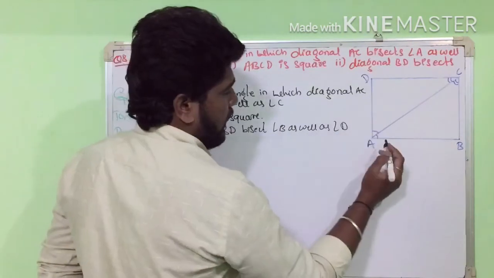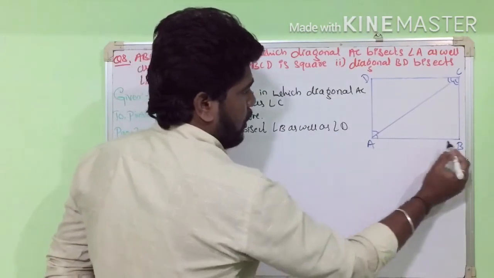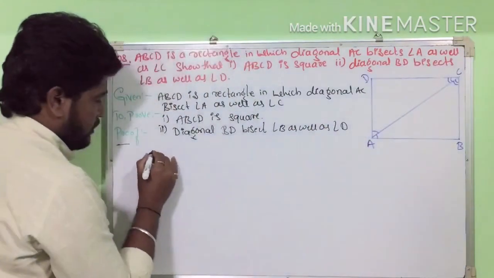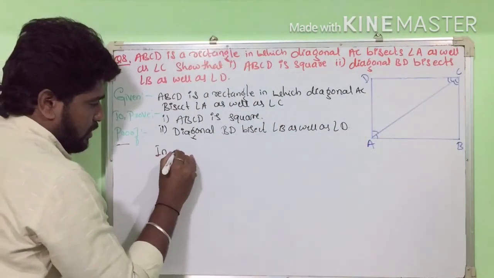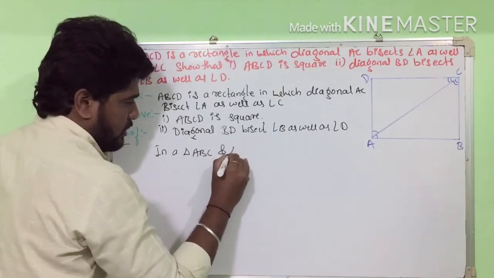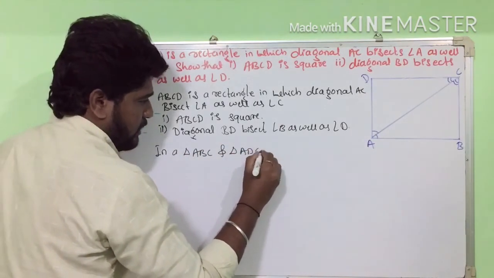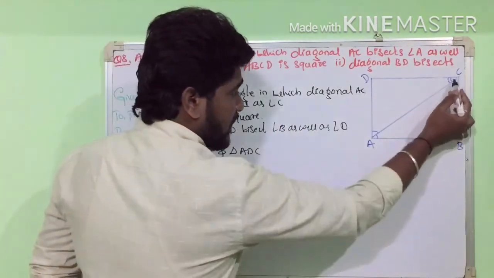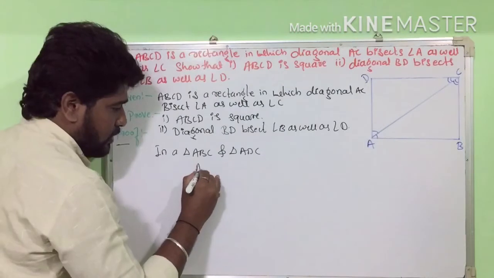So here are two triangles. Consider triangle ABC and another triangle ADC. In triangle ABC and triangle ADC, see here AC is common.